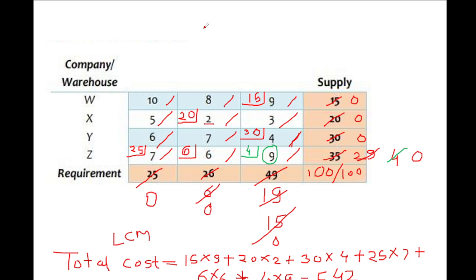So as you can see, through this least cost method, the total transportation cost is coming as a lower value, that is the minimum value. So we can say that this method is going to provide you better results, so we can select this method over the northwest corner method.